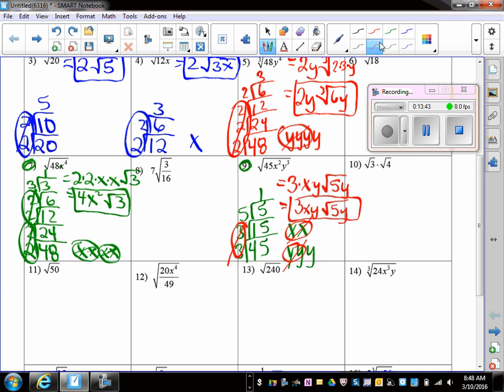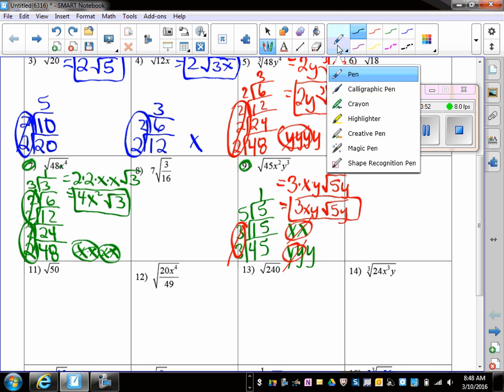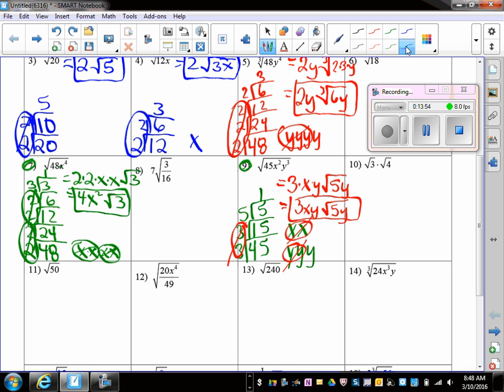Questions on that? Okay, so let's take a look at number 8. So number 8, we have 7 times the square root of 3 over 16. Let's review our properties. I have square root of 5/9.